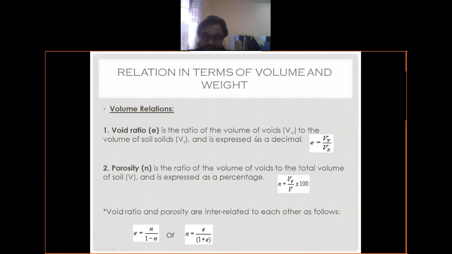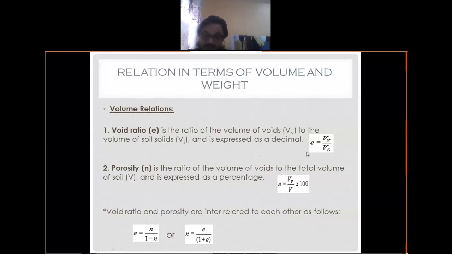void ratio. So what is void ratio? You can see it here. It is the ratio of the volume of voids, denoted by Vv, to the volume of soil solid, Vs, and it is expressed as a decimal or fraction.